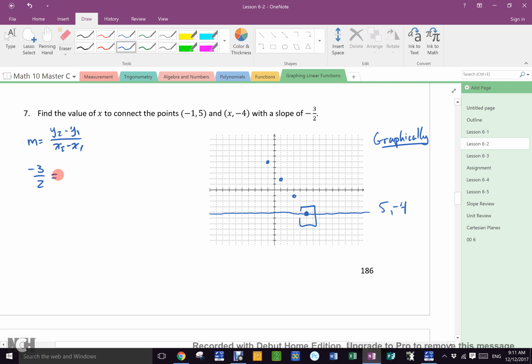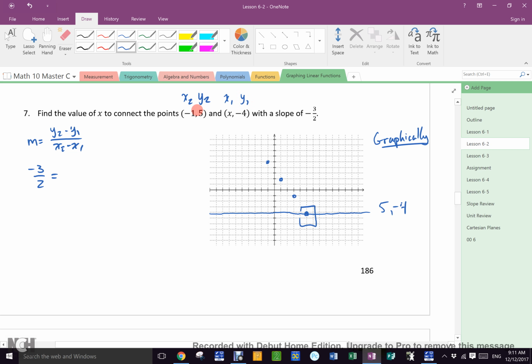Now, who decides which is y2? You do. Rihanna, which one of them do you want to make y2? You're going to make 5 y2, which makes this negative 1 what? x2. Nice. Which makes this x what? x1. Which makes this y what? y1.